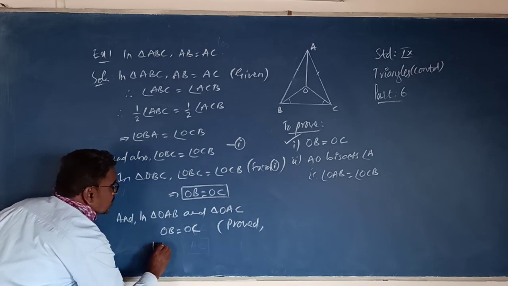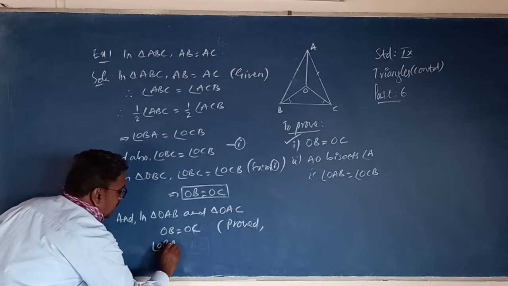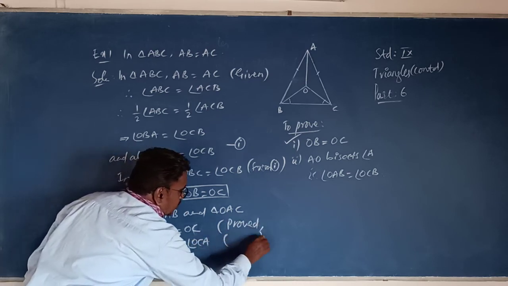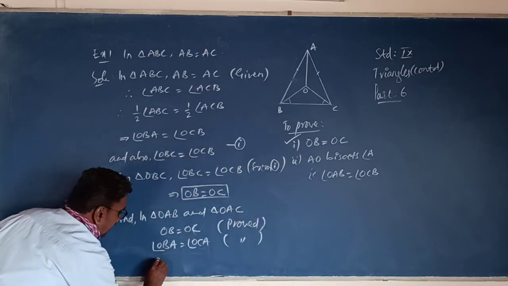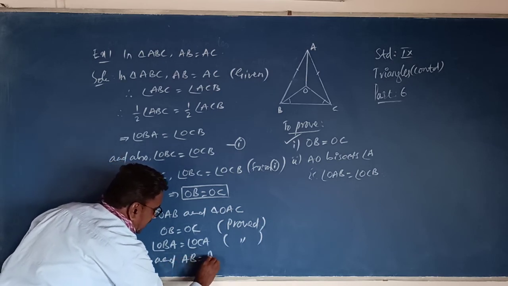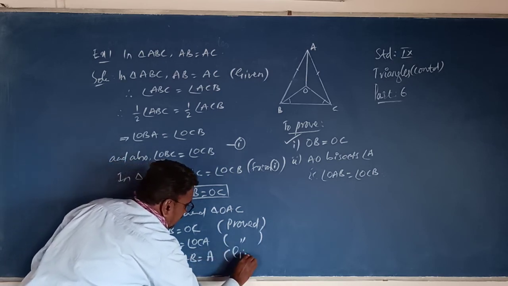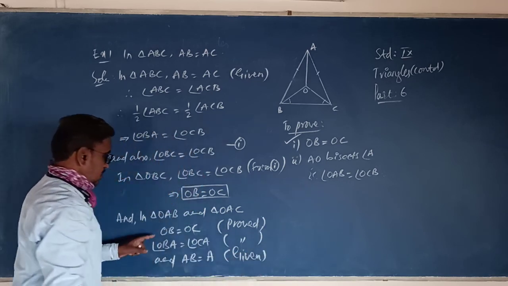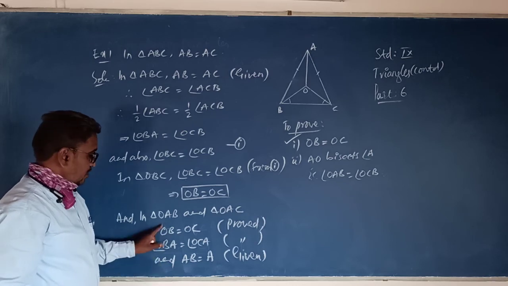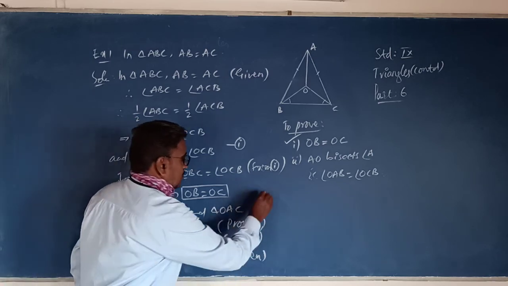Angle OBA is equal to angle OCA, this is also proved. And AB equals AC, given.